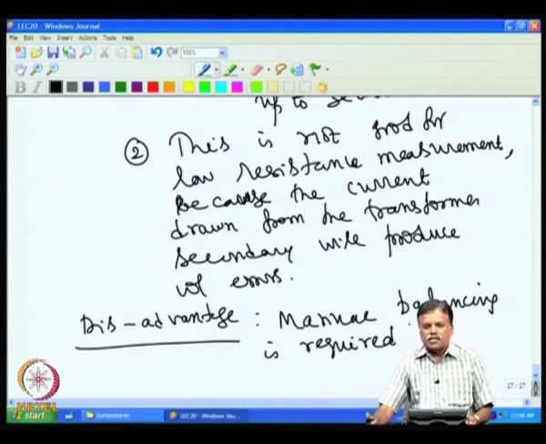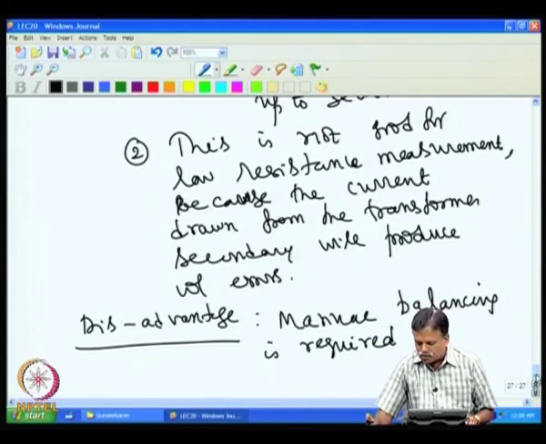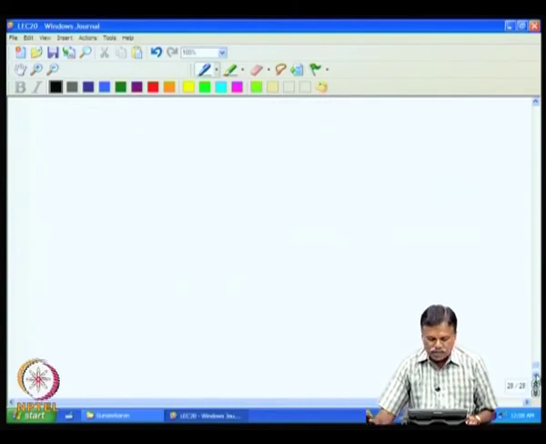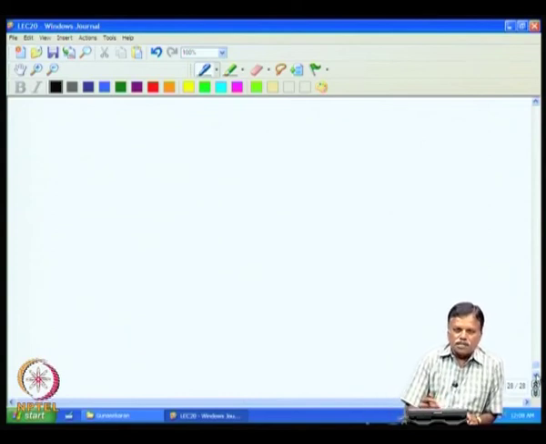Of course, the electronic version of this can also be done without needing to balance the bridge manually. We can do that by simulating the ratio transformer electronically.